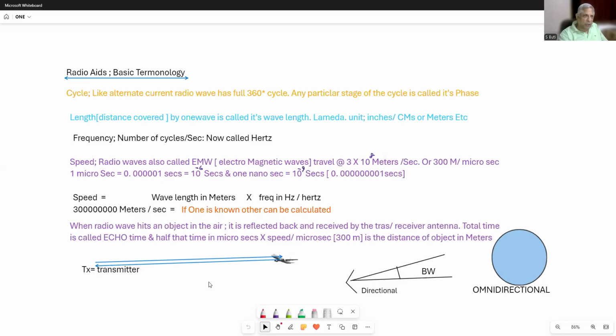You all know it by now. And to understand radio navigation aids, we must first understand the basic terms which are used in radio transmissions. The basic terminology is what we are going to read now.